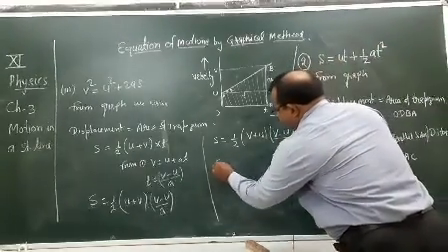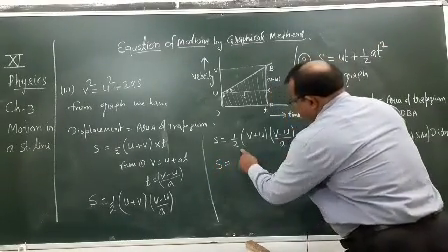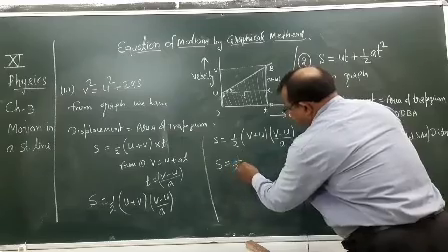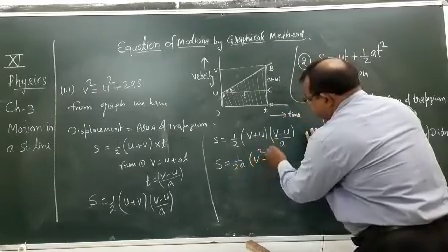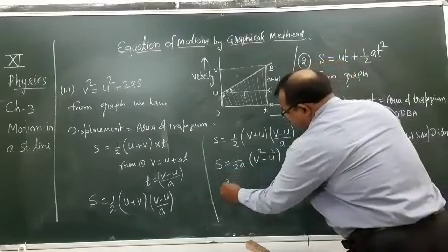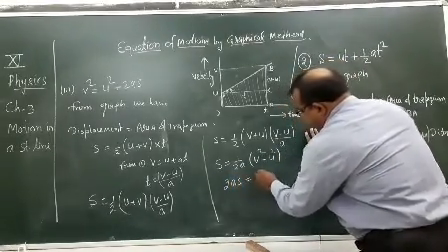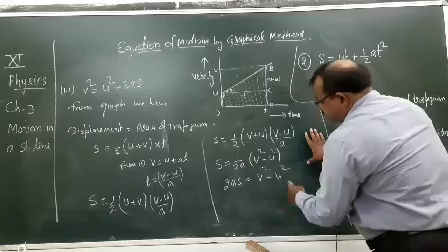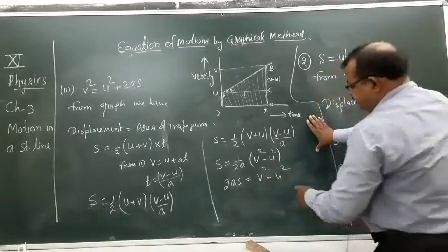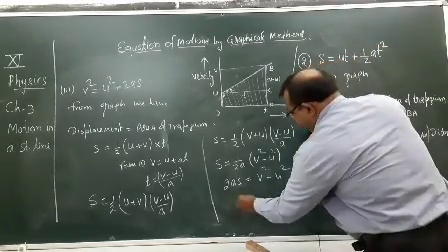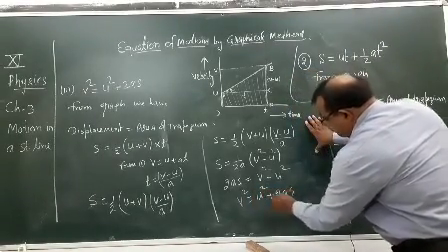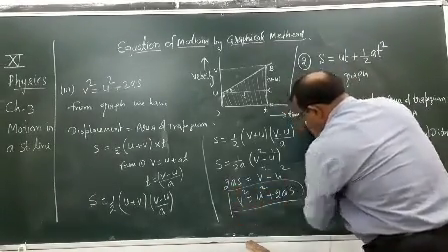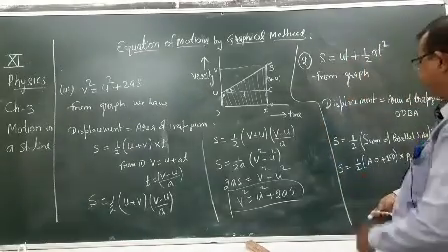So S equals to 1 by 2A, and this will be V square minus U square, by cross multiply, 2AS equals V square minus U square, on transfer V square equals to U square plus 2AS. So this is the third equation of the motion.